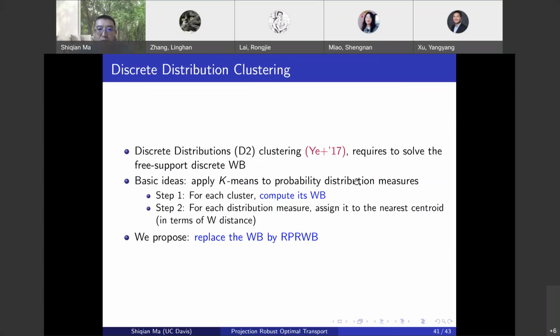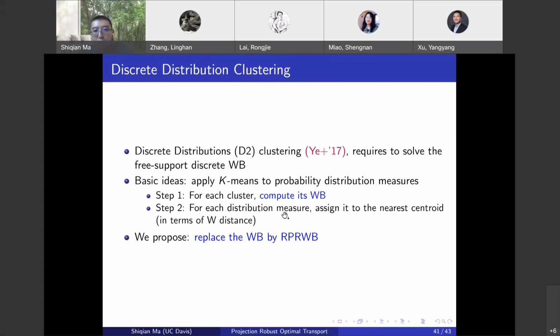There are two steps in every iteration. The first step, for each cluster, you compute its mean, its center. Now the center becomes the Wasserstein Barycenter, because the data points become discrete distributions.